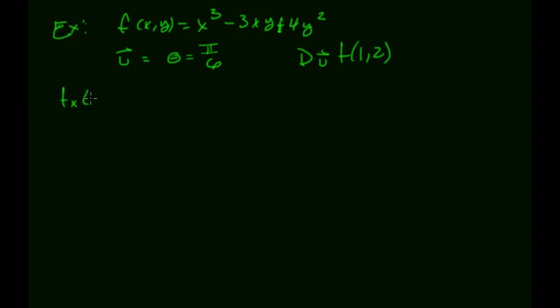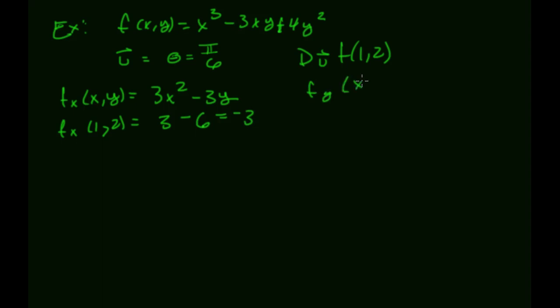f sub x of x, y is going to be 3x squared minus 3y. So that partial at 1, 2 ends up being 3 minus 6, which is negative 3. f sub y at x, y is negative 3x plus 8y, right?